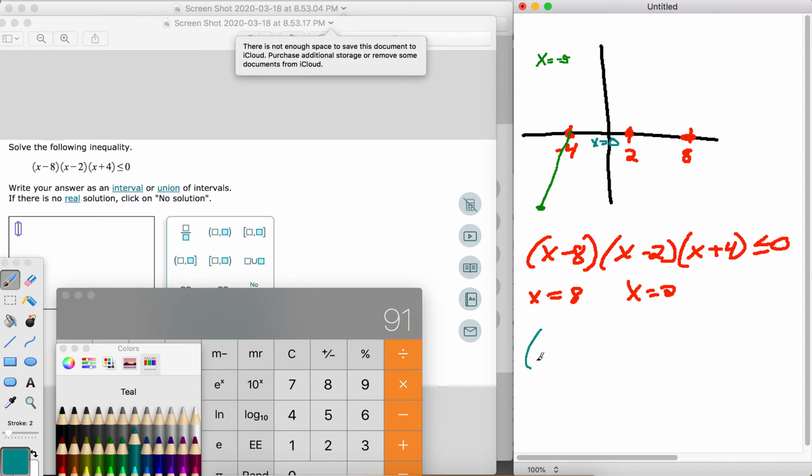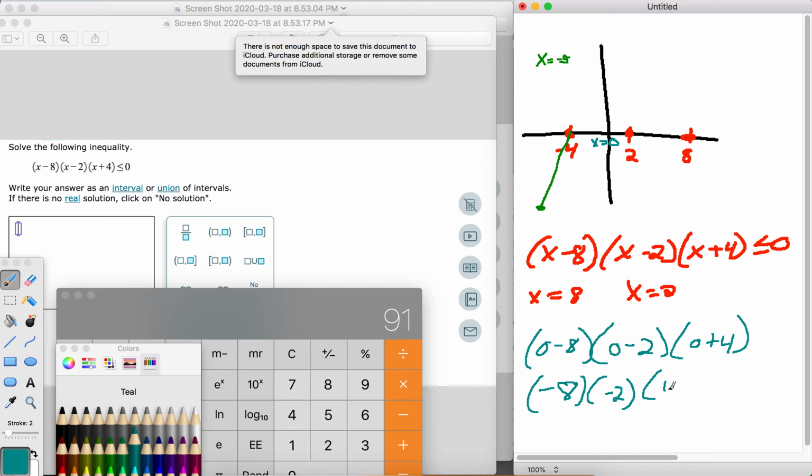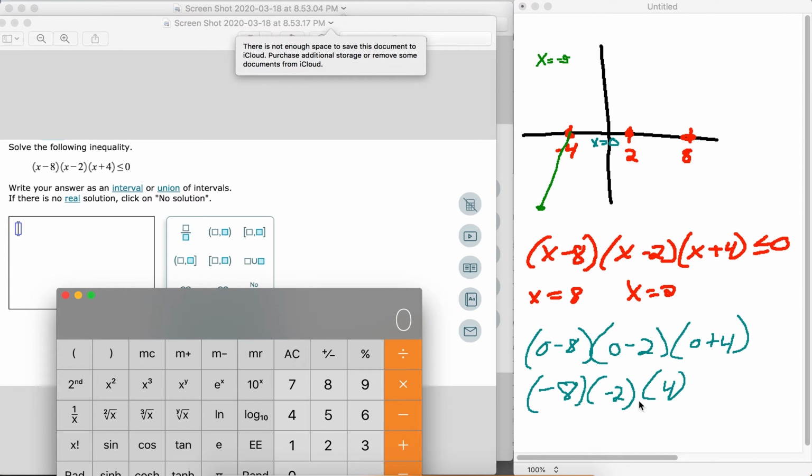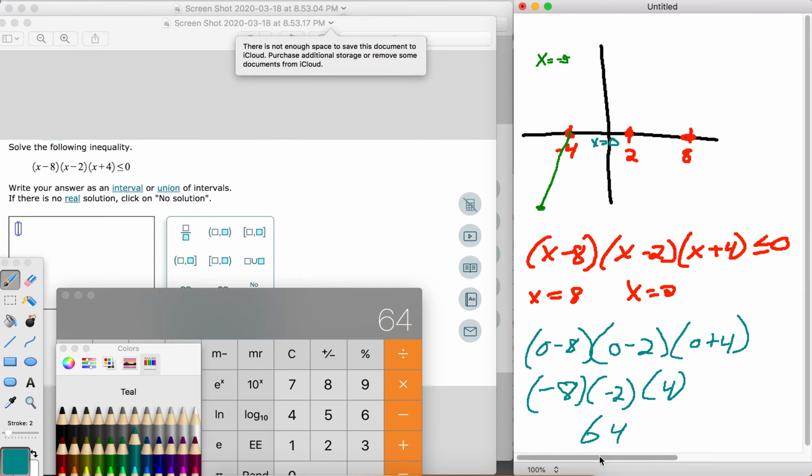If you plug in 0 for x, that makes negative 8 times negative 2 times 4. Negative 8 times negative 2 makes positive 16. Positive 16 times 4 makes 64.